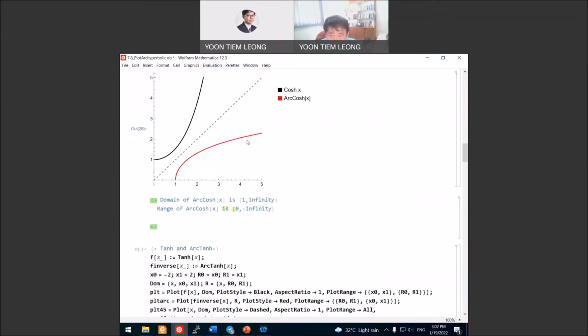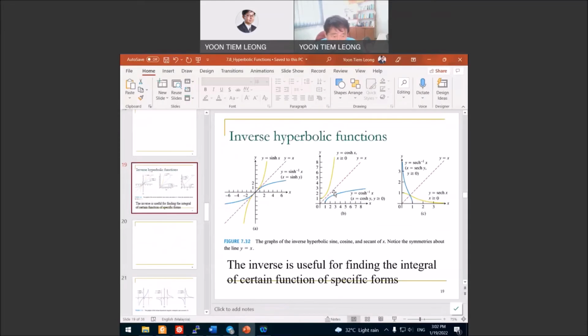If you compare it, you see that this graph is just the same as this blue color graph. The graph of y equals inverse hyperbolic cosh. Sometimes I call this the arc hyperbolic cosh function. Okay.